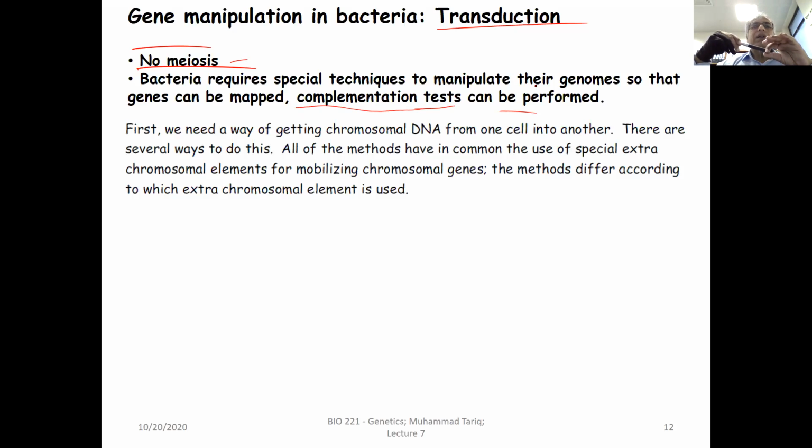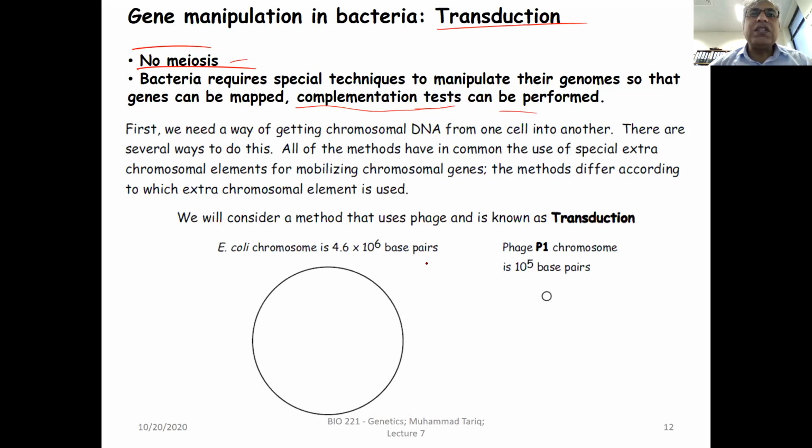So how do we perform genetic analysis using transduction, where the bacteriophage genome is involved? For example, this is the total size of the E. coli genome, a bit more than 4 million base pairs. 10 to the power 6 is 1 million, and 4.6 means 4.6 million base pairs.